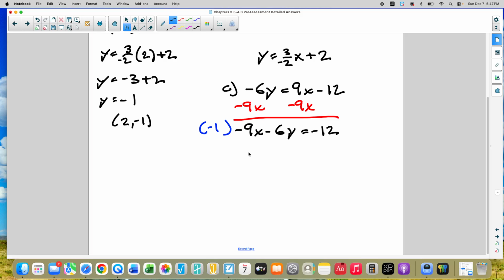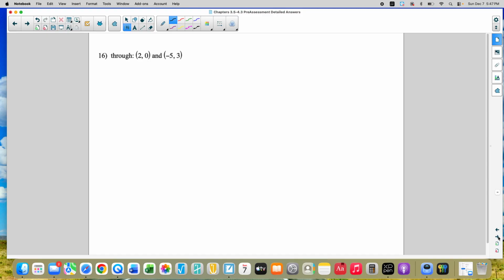If we multiply it by -1, you get 9x plus 6y equals 12. That is one of an infinite number of standard forms also. You could have gotten 3x plus 2y equals 6. That's one of them. That's a multiple of that. There's lots of them. There's an infinite number. I like this. This is good.